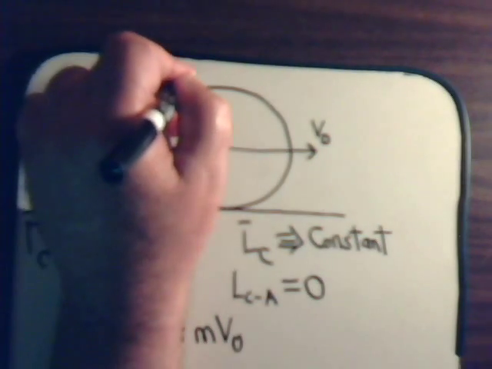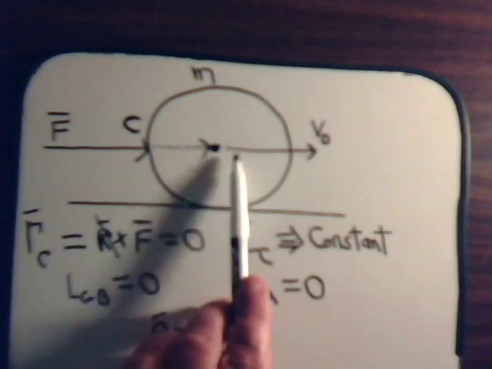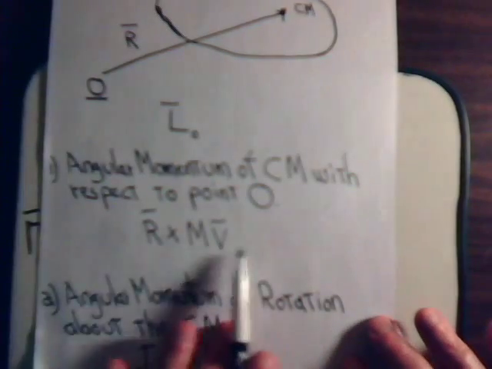M is the mass of the billiard ball. But this cross product is just 0 because the angle between the position vector and our velocity here is 0. So the first component, R cross mv, that's 0.